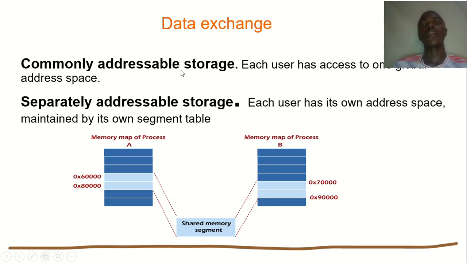Common data exchange is of two categories: commonly addressable storage and separately addressable storage. In commonly addressable storage, each user has access to only one address space, and in separately addressable storage, each user has its own address space maintained by its own segment table.